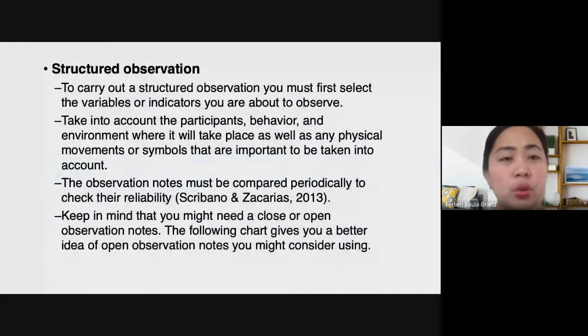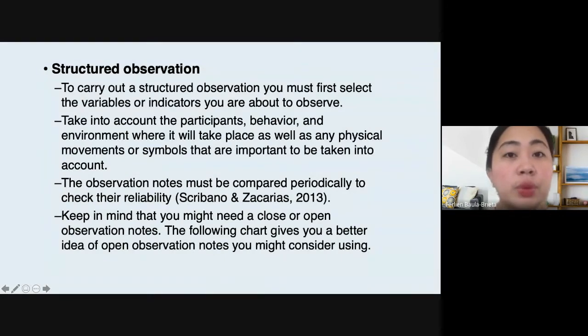Moving forward to the structured one, in order to carry this out, you must first select the variables, okay? So in your statement of the problem, if you have already identified variables like the physical structure of the building and the organizational chart or organizational structure of the company, those are examples of variables, and that is the thing that you need to observe, okay?